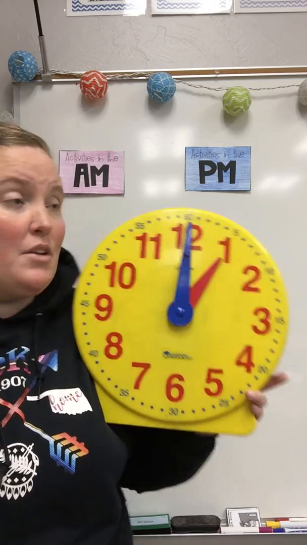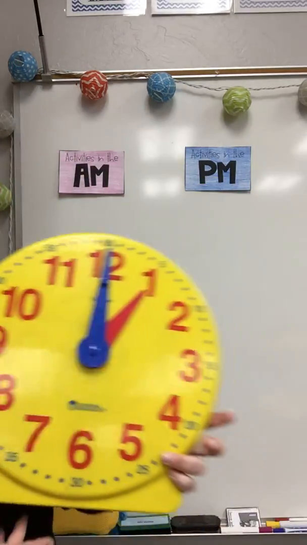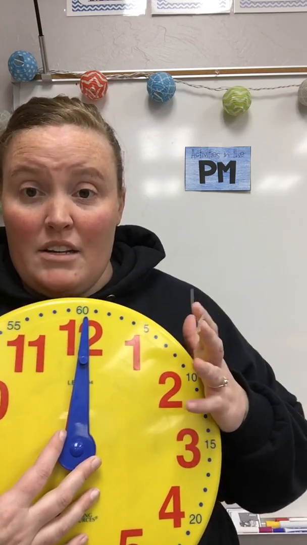Okay, so that's why we use these things to help us determine. So AM is in the morning. First of all, let's go over this. When it's at the 12, if it's 12 o'clock, it's either noon, which is right in the middle of the day, or it's midnight, which is when hopefully all of you are asleep. Okay, so noon and midnight.